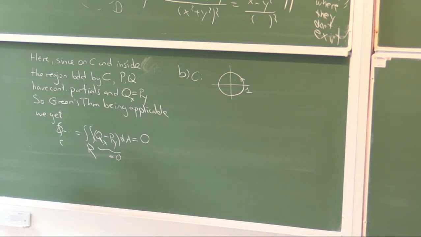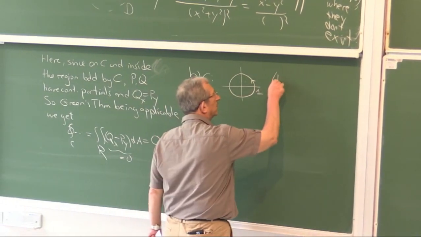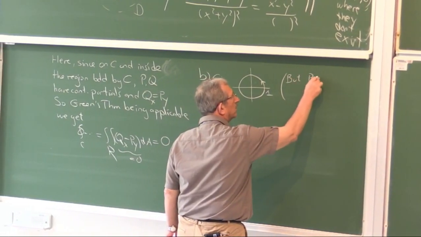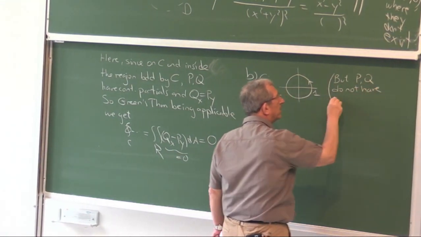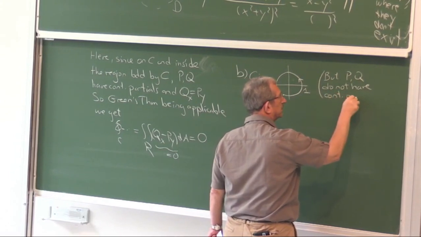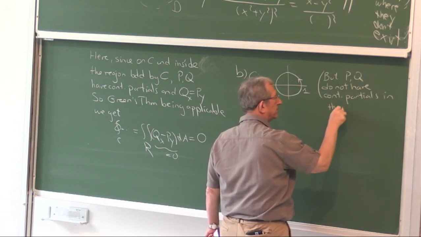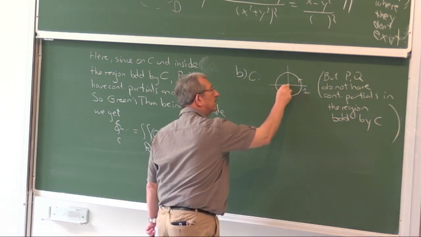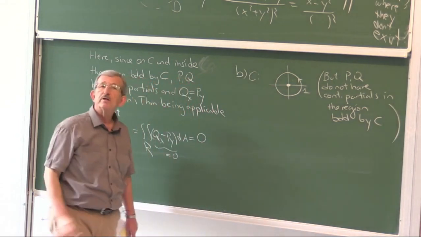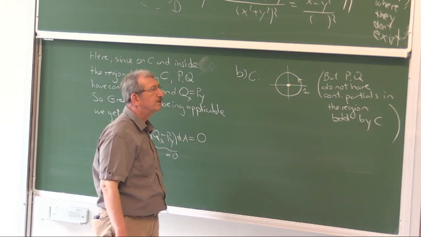But P and Q do not have continuous partials in the region bounded by C, namely because of this point. That point is in the region bounded by C, and P and Q do not have continuous partials there.